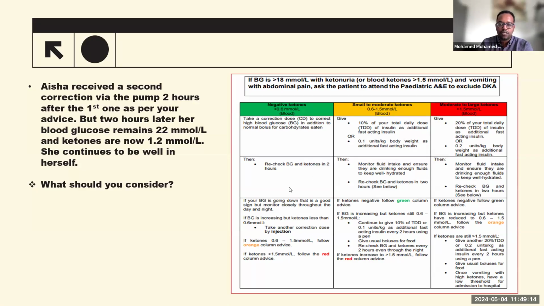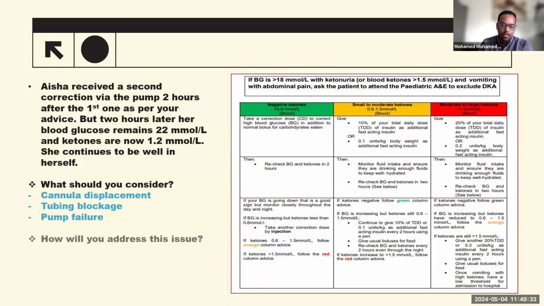So what I would consider in this scenario is cannula displacement, tubing blockage, or pump failure. Because if insulin is in her system, in her blood, I expect to see a change regarding her blood glucose and ketones level. And how will you address this issue?